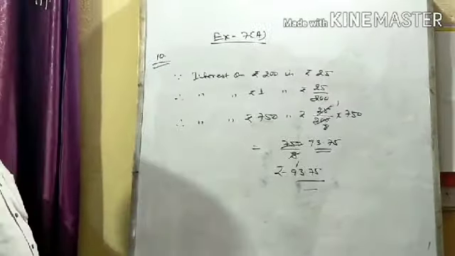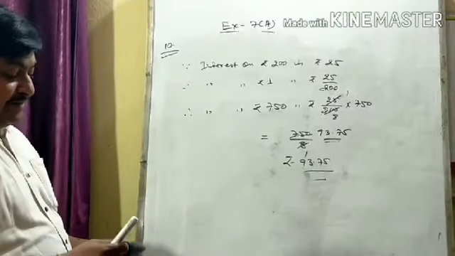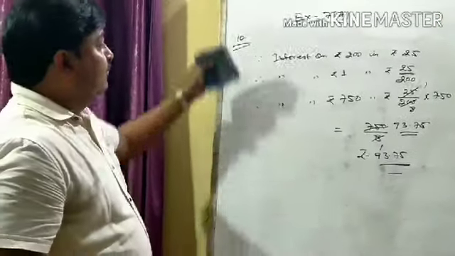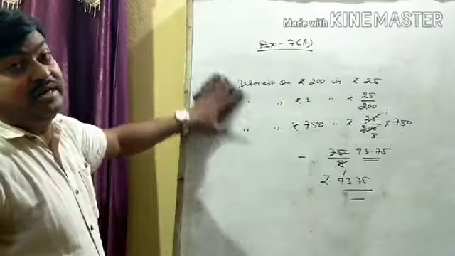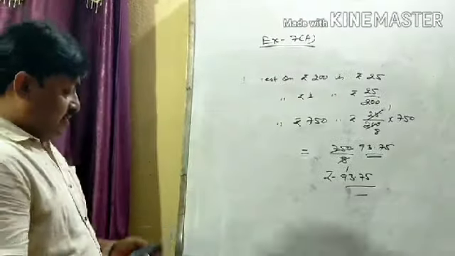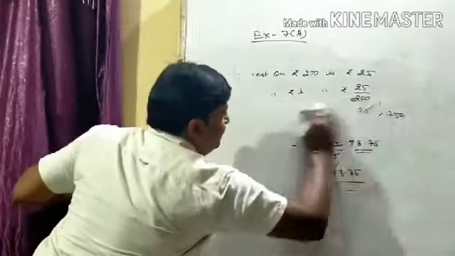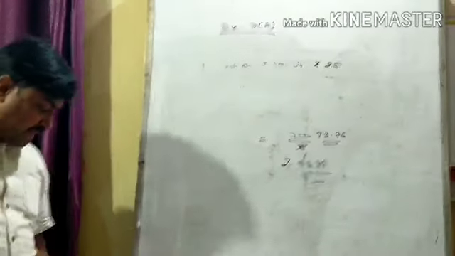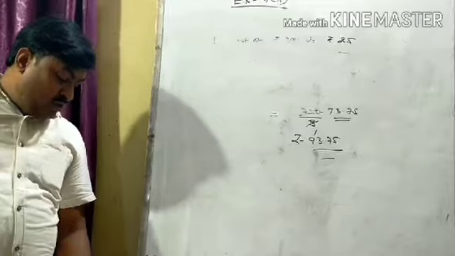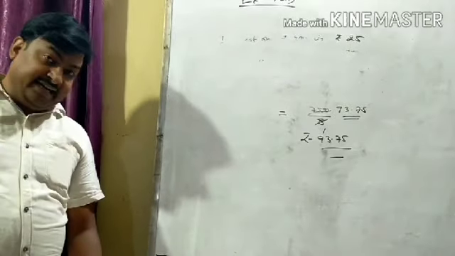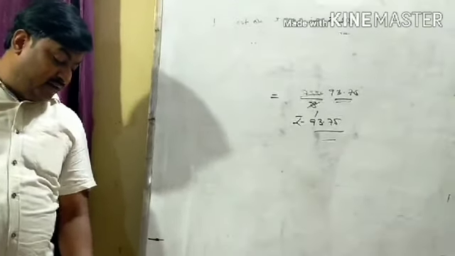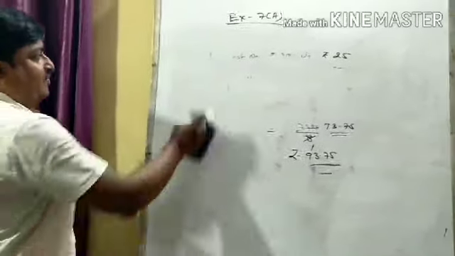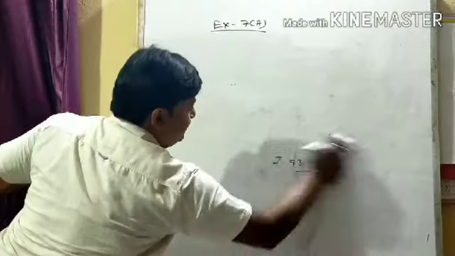So student, you know, in a leap year, the number of days in the month of February is 29. Means the question is directly asking, if a man can earn rupees 5,800 in 10 days, then how much he can earn in 29 days. See.